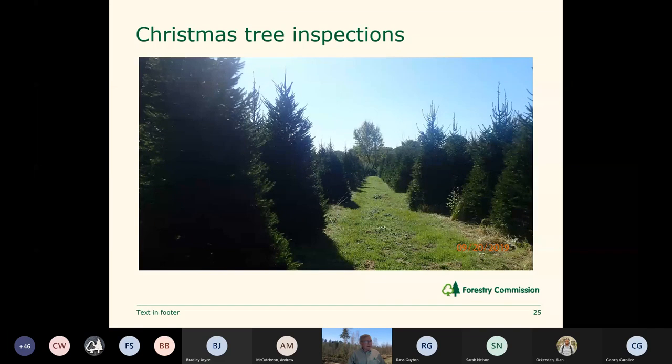They're monitored and surveyed and often treated with insecticide fairly readily. So healthy and in cycle Christmas tree plantations are of very low risk, but overstood Christmas tree plantations that become stressed and in poor health are a different challenge for us.